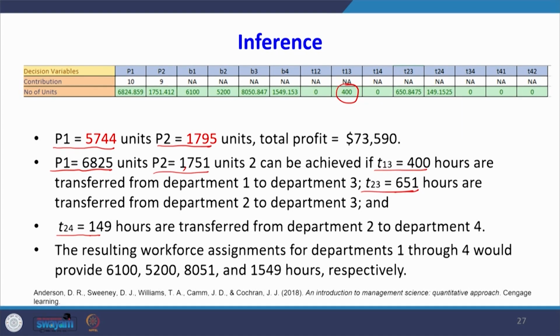So, the resulting workforce assignment for departments 1 to 4 is this one, 6,100, 5,200, the values of B1, B2, B3 up to B4.